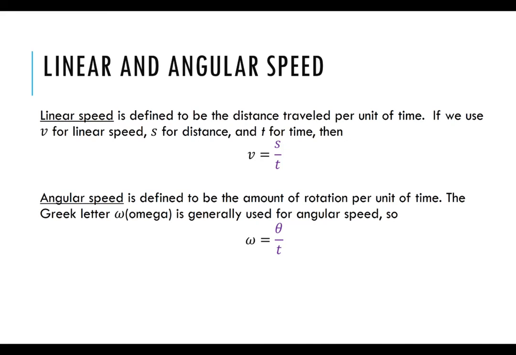Just like with linear speed, you can talk about miles per hour, feet per second, meters per second, kilometers per hour. The units could change, it's still linear speed. With angular speed, same thing. It could be degrees per minute. It could be radians per hour. It could be revolutions per minute, where a revolution is just a full rotation. So units come into play, and we have to consider them.